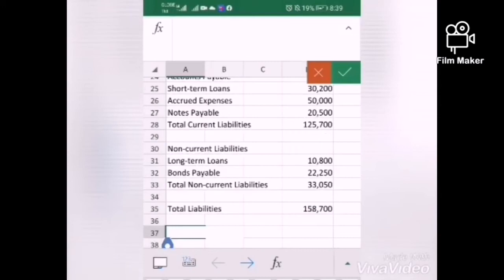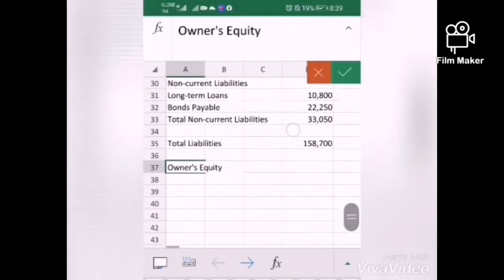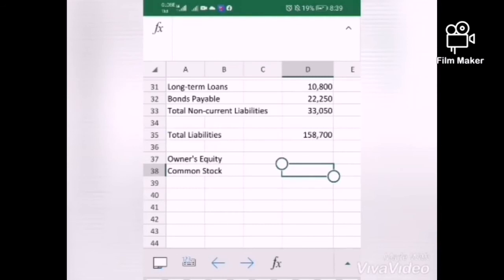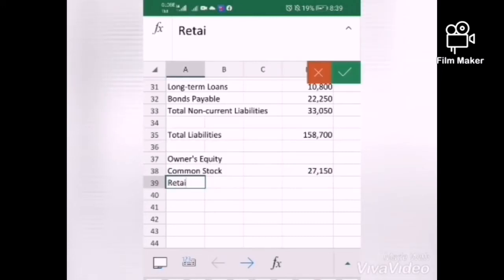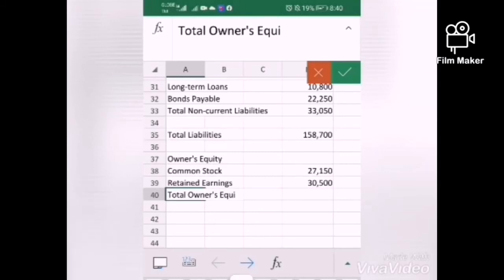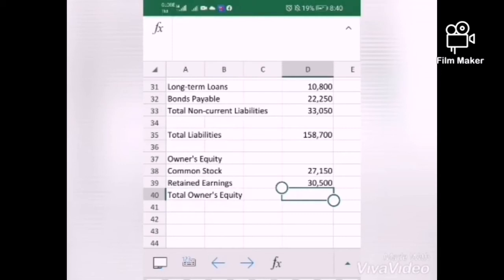Next is our owner's equity. We have our common stock, 27,150, retained earnings, 30,500, and if we add them, we have a total owner's equity of 57,650.